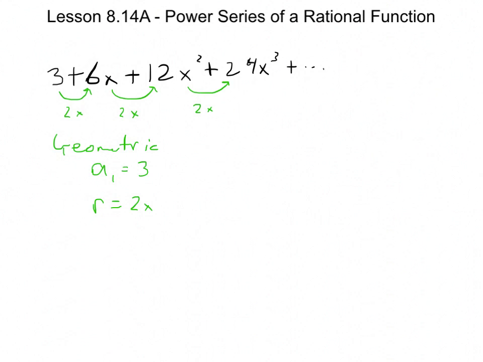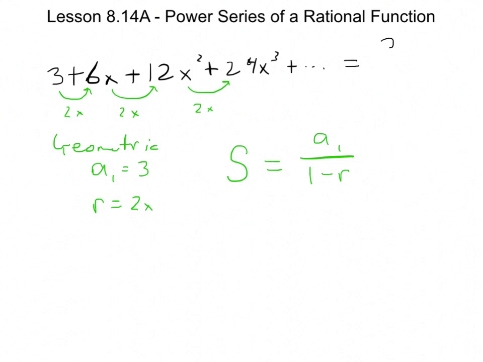Now, here's where this really gets exciting. We learned earlier in this chapter, actually right at the beginning of chapter 8, that if you have an infinite geometric series, the infinite sum will be equal to the first term over 1 minus the common ratio. Right? So what that tells me is that this power series that I wrote down, because it's geometric, if I added it up forever, the infinite sum should be the first term over 1 minus r.